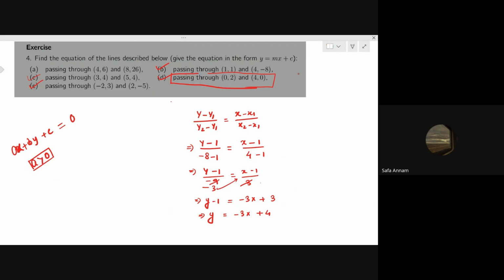It's becoming y minus 4 by 0 equal to x minus 3 by 2. So it is not possible in that case. So it will be y minus 4 by 0, and then x minus 3 by 2.